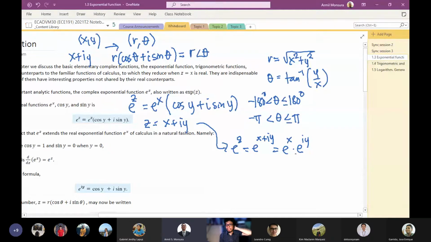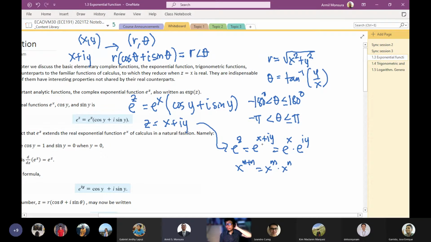This is simply applying the property of exponents, that the base raised to the sum of exponents equals the product of the powers. It is like applying x raised to m plus n equals x raised to m times x raised to n, in this definition.